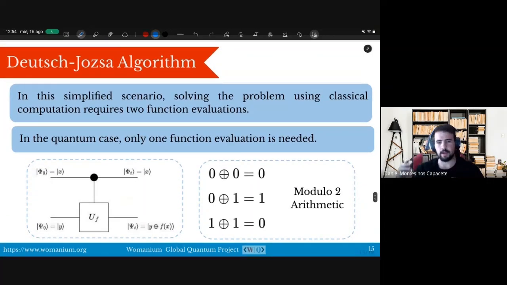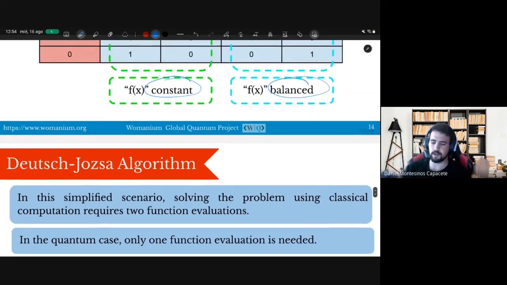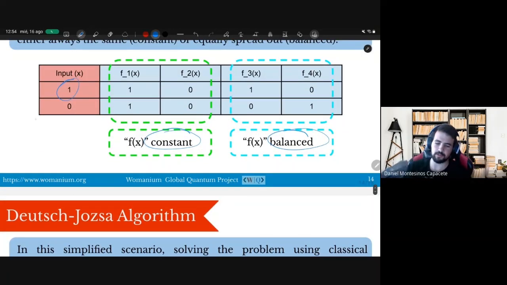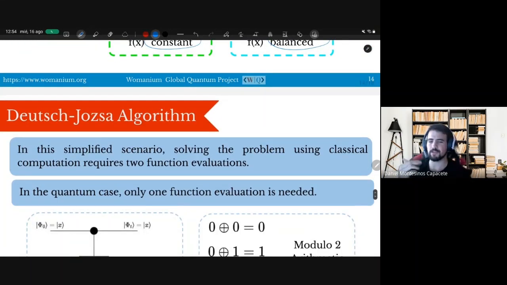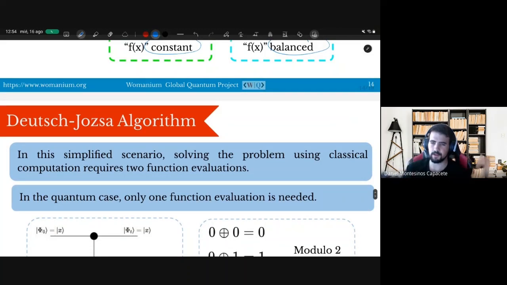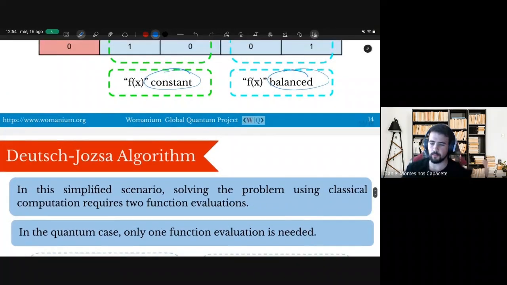In this case, since this is quite an easy case, and we are just using 1 bit in the input, we just need to call the function 2 times in order to know whether it is constant or balanced, right?